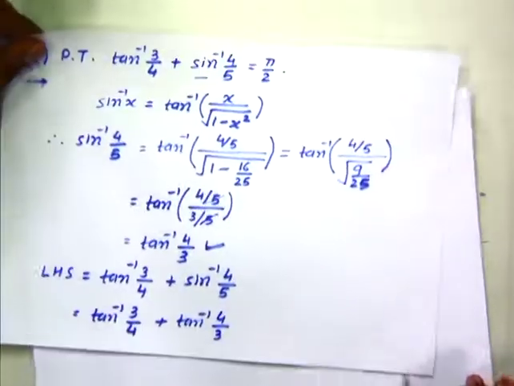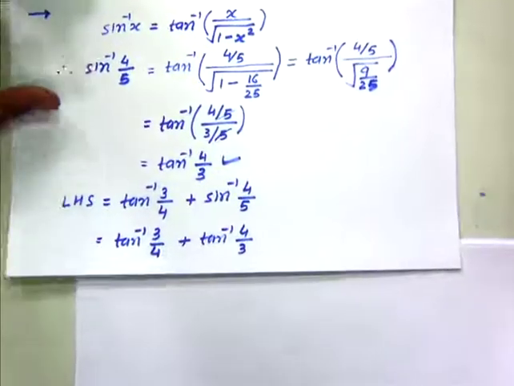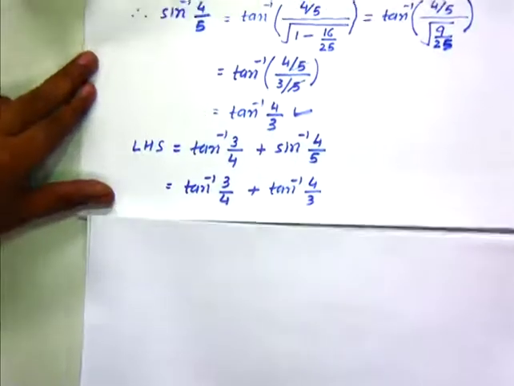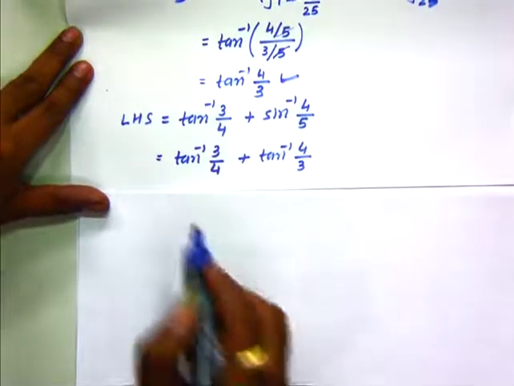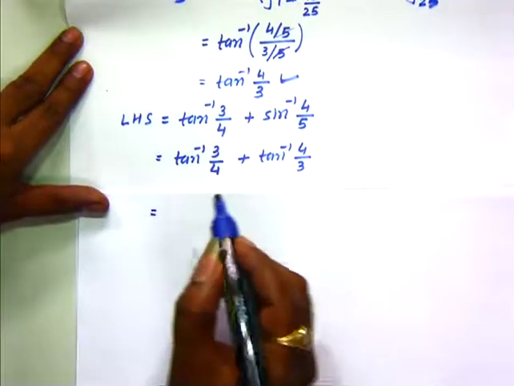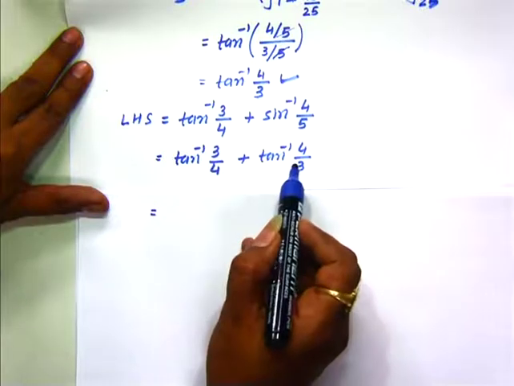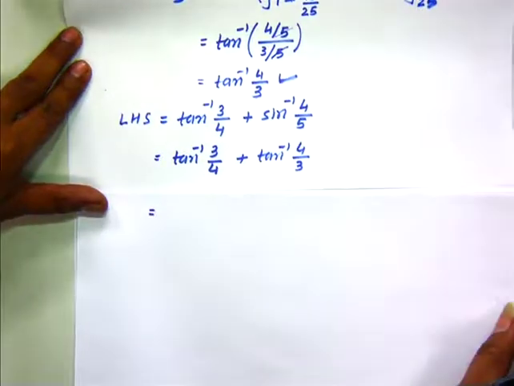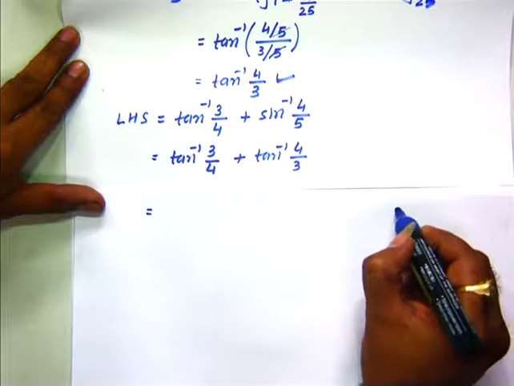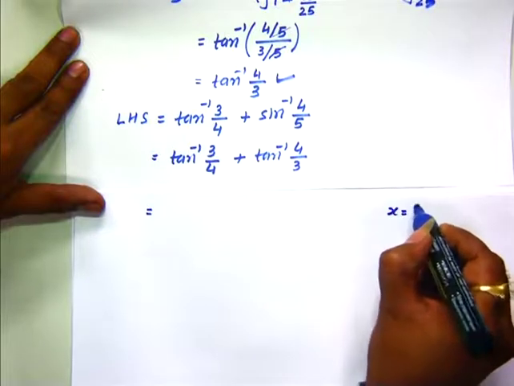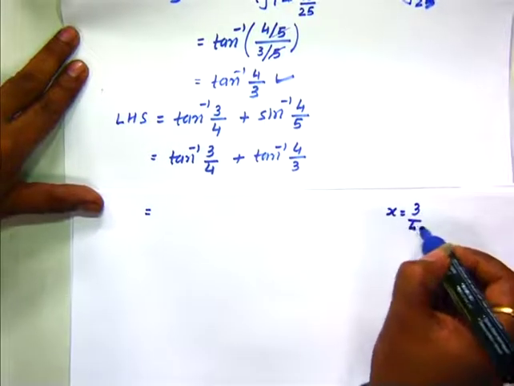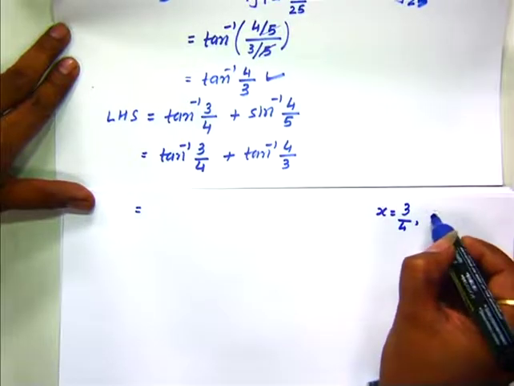Now see, this is the form like tan inverse x plus tan inverse y. But what is x here? X is 3 by 4. And what is y?